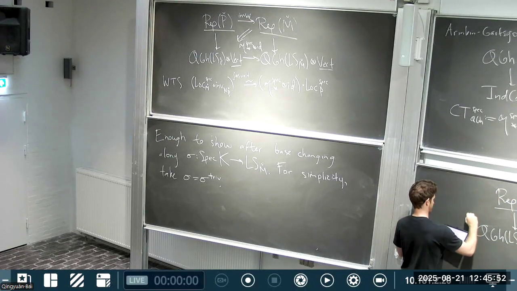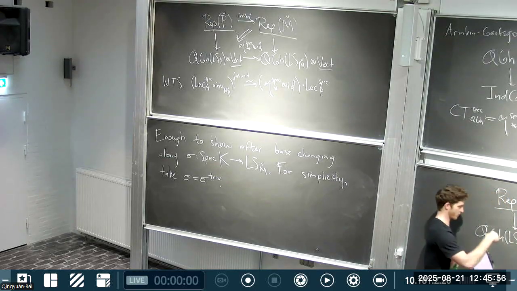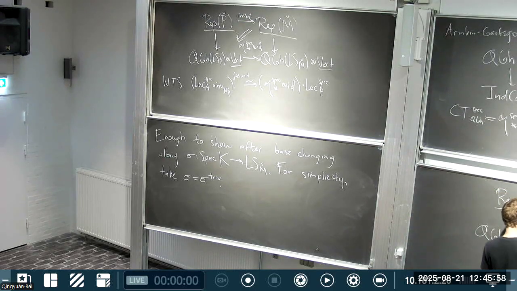Okay, and this is global sections, right? It was the Q lower star before, so now it becomes global sections, now that I base change to a point.